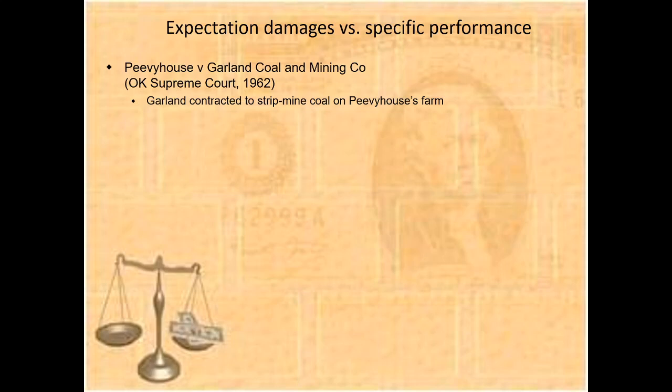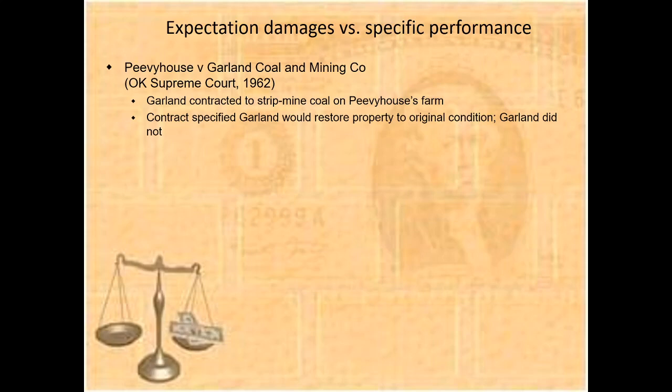Garland contracted to strip mine coal on Peevyhouse's farm. Peevyhouse owned that farm, and Garland was trying to strip mine coal. So the contract specified that Garland would restore the property to its original condition. What is the contract?